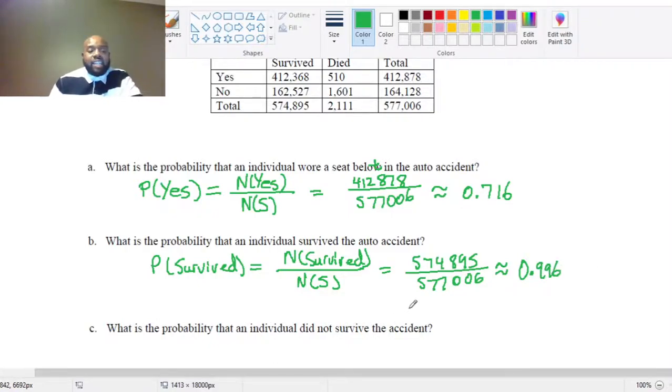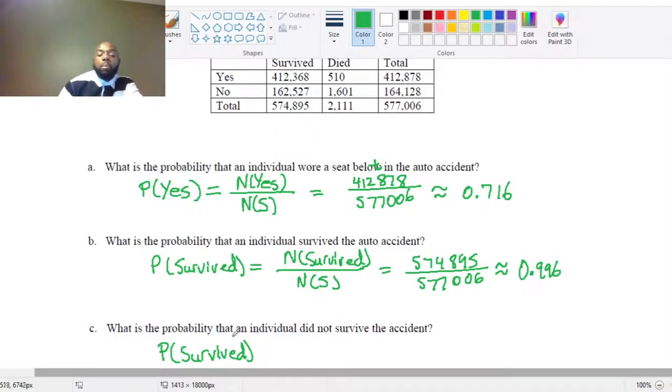In part C, what is the probability that an individual did not survive, right? Well, if we already know the probability that an individual survived, the probability that they did not survive is just the complement, right? We could do this very similarly to what we did in parts A and B. But what I'm going to do is the complement of surviving, because the only other option for surviving is not surviving.